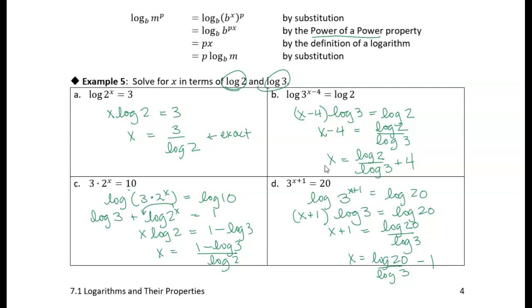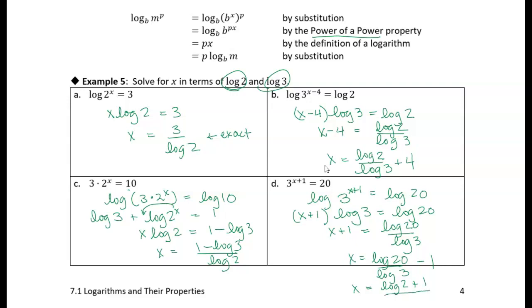Okay, are we done? Not quite, because the problem asks us to write this in terms of the log of 2 and the log of 3, not the log of 20. But I know that 20 is 2 times 10, so I can rewrite that numerator. I can rewrite this 20 as 2 times 10, which gives me the log of 2 plus the log of 10, which is just 1.